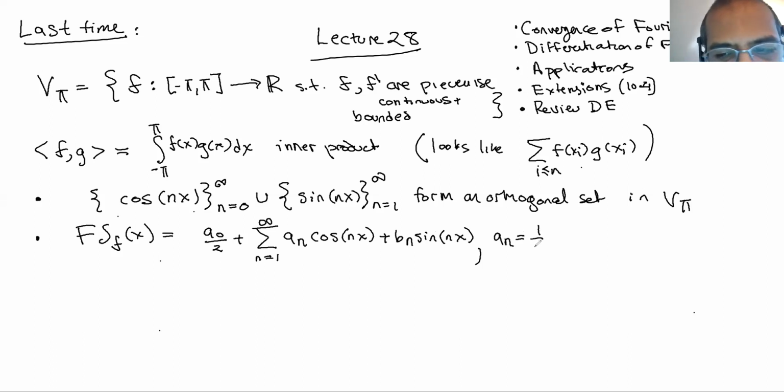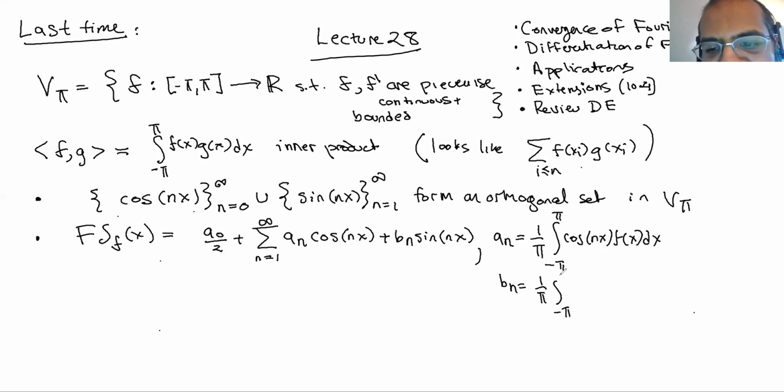The reason for this 2 was so you could have a convenient formula for all the a_n that works for all of them, including a_0. So this is a series whose coefficients are defined using integrals of f. By the way, these are very important numbers. They're often called the Fourier coefficients.